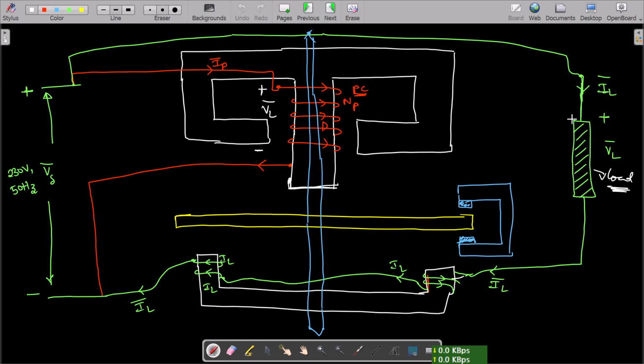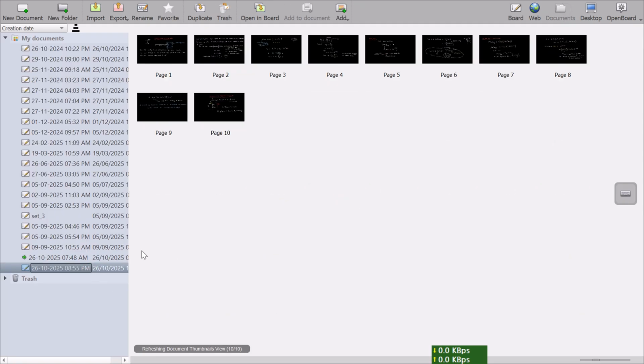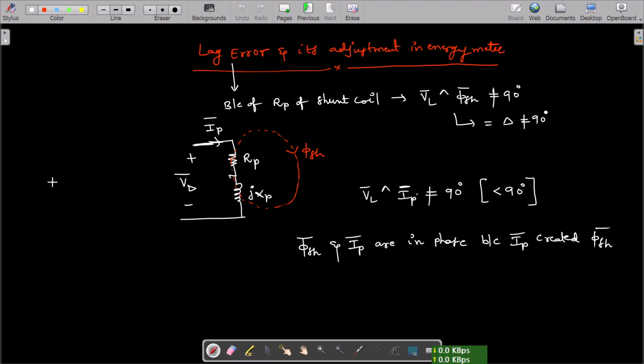That is, a lagging power factor load of cos phi is connected to the energy meter. That is one thing we have to observe. The angle between VL and IL will be equal to phi, so a lagging load is connected to the energy meter.